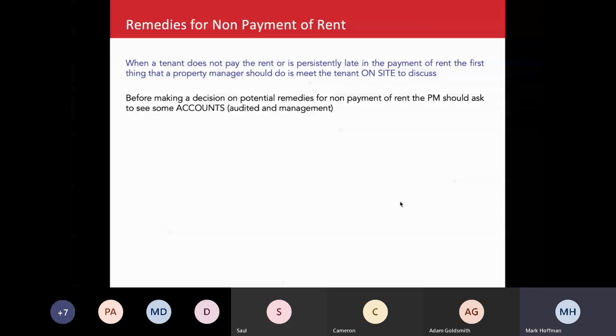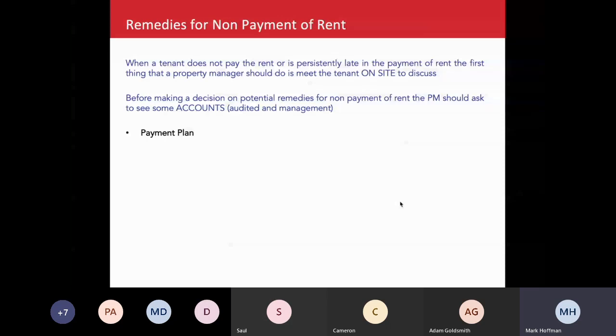So now we move into the options that are available to you. So you've now tried communication, and let's just say, for example, the tenant's in occupation, they provided their accounts, and quite clearly, as a result of COVID-19 or whatever, they're struggling. Okay, turnover is down, business is bad, but you want to keep them in occupation.